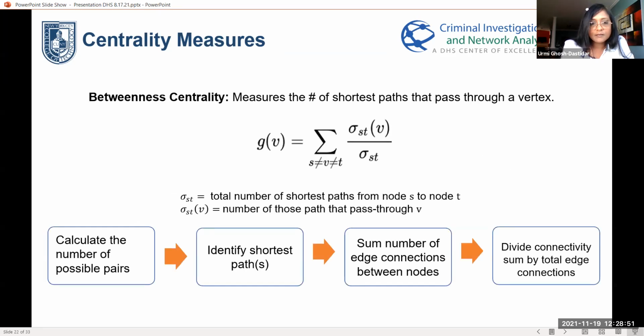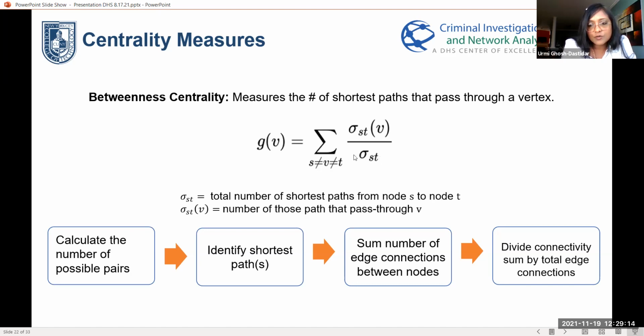If you look at betweenness centrality, this is interesting. It measures the number of shortest paths that pass through a vertex. Sigma_st(v) is the number of those paths that pass through vertex v, and sigma_st is the total number of shortest paths from node s to node t.